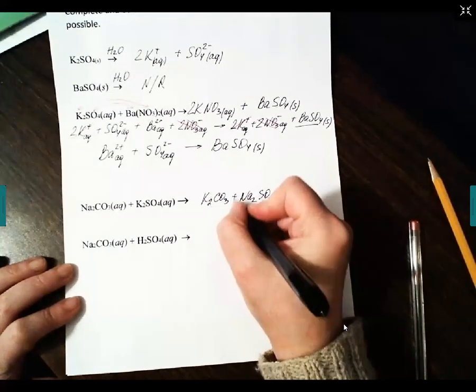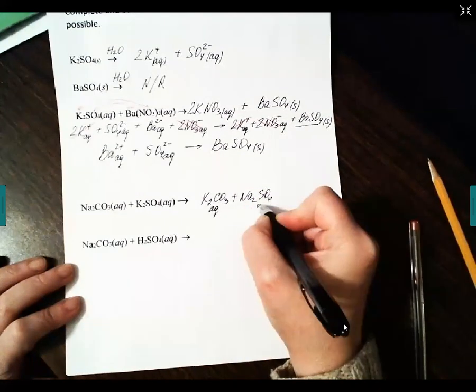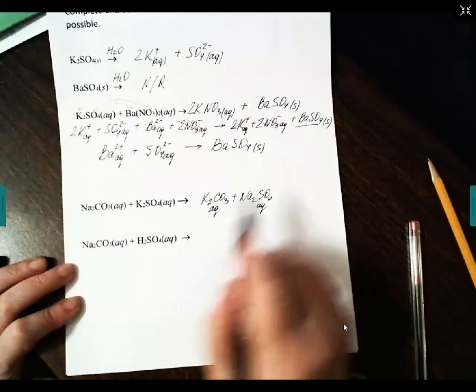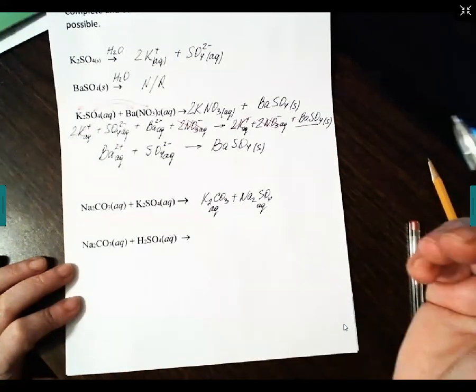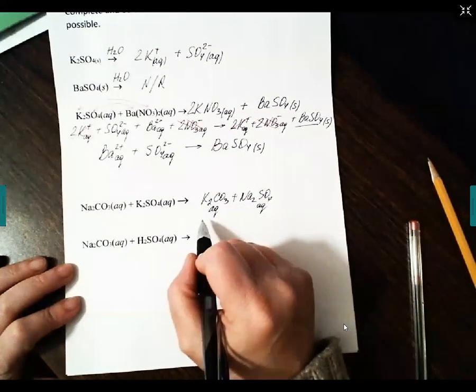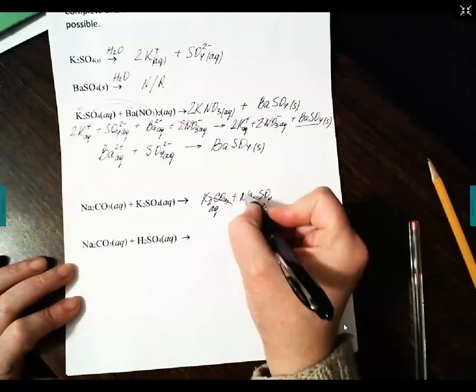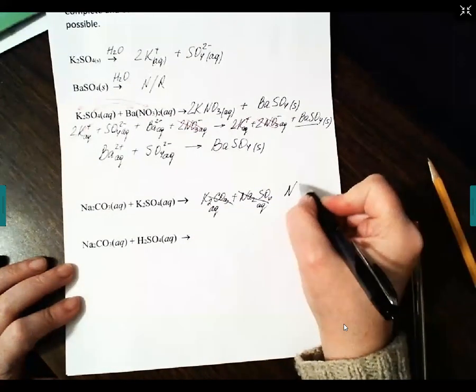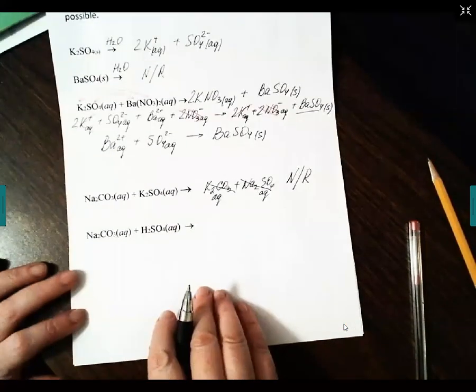But the thing is that both these salts are soluble because all alkali metal salts are soluble. So in this case, we don't have any solid, liquid or gas on the product side. So in this case, our answer is no reaction. We will not have any reaction.